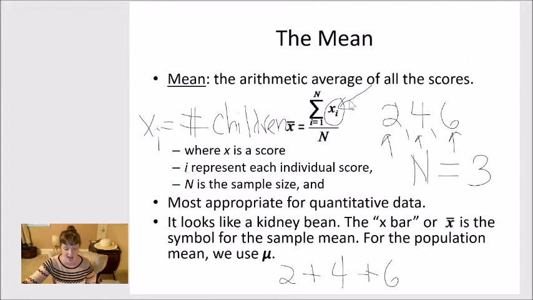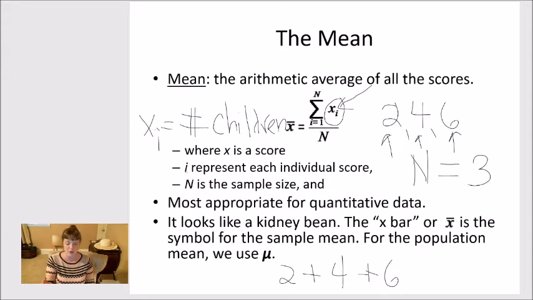Take everything to the right of it and add them up, starting at I equals 1, which means start at the first person, and then go to N, which means go to the last person. Add up all the people's scores, which I'm sure you already knew how to do when you calculate an average. You add up all the scores.